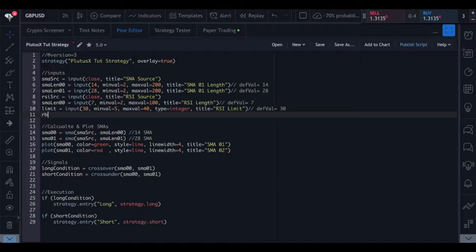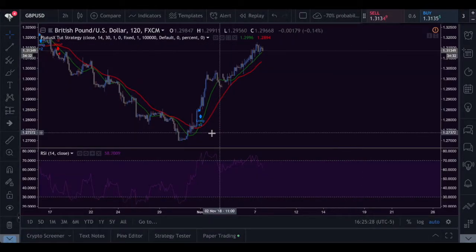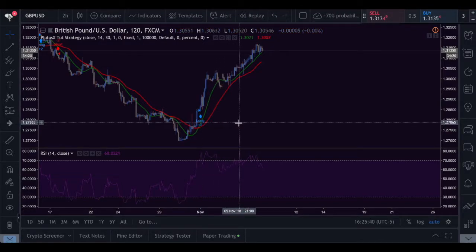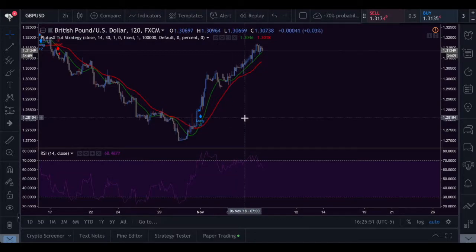We could do RSI bars real quick, and what RSI bars means is that, for instance, right here we have 1 bar being above the threshold, we have 2 bars being above the threshold, and 3 bars being above the threshold. Right here we can see that 1 bar went above the threshold, which would typically indicate a sell, and we can see here on the chart clearly that it continued going up.